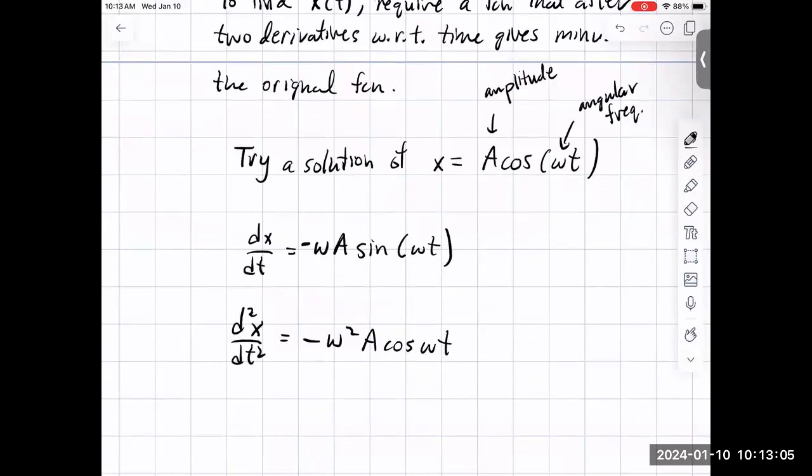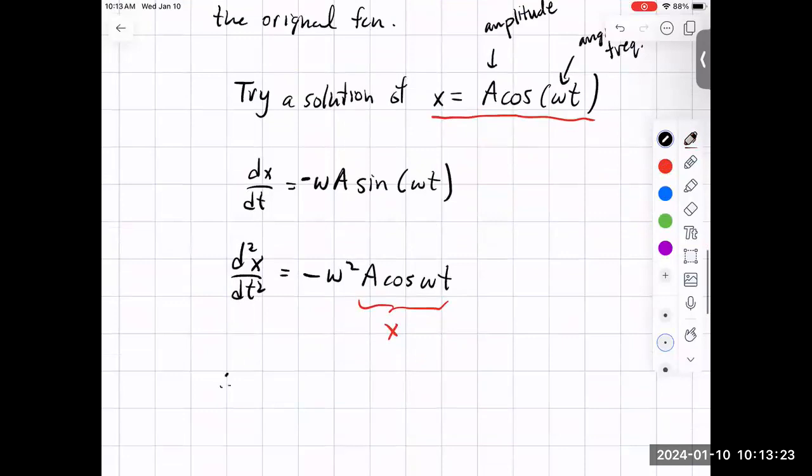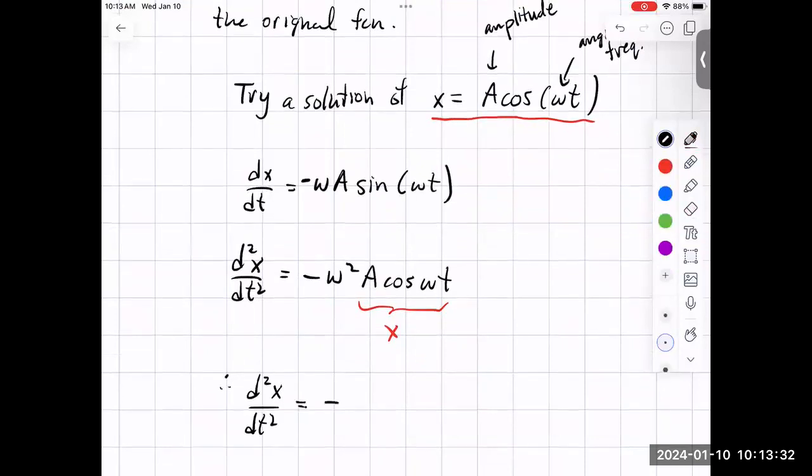But if we take a look here, x is equal to A cos omega t, and over here we have A cos omega t, and so this is just x. And so what we have therefore is two derivatives of position with respect to time is equal to minus omega squared times x.